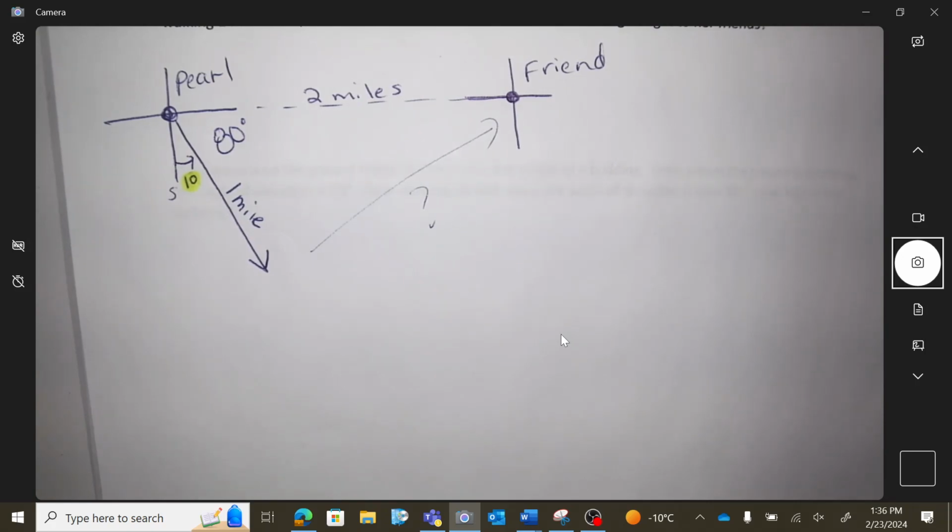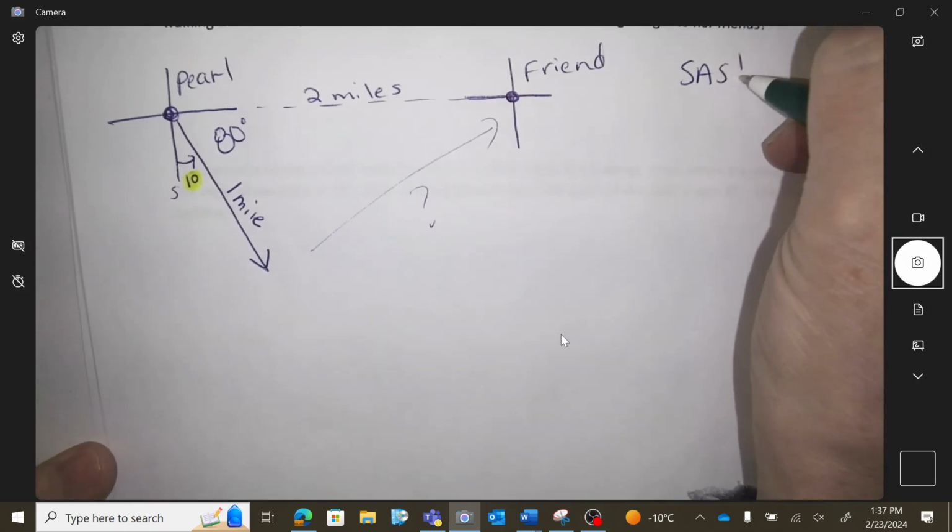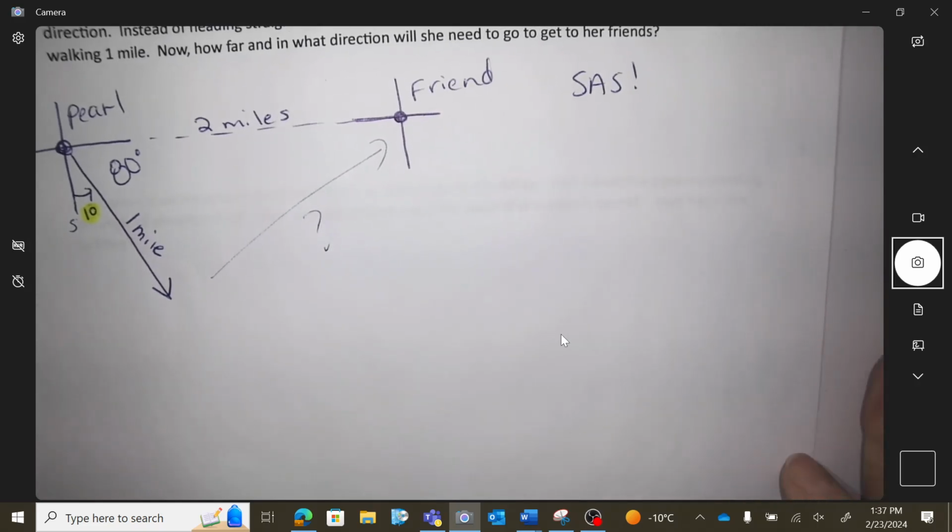Do we have one of our strategies? Do you know all of your components? Do you have pair, SAS, triple S? That's always your triangle stuff. You got 3 major things. Do you have one of those major things? Yeah, I have SAS.